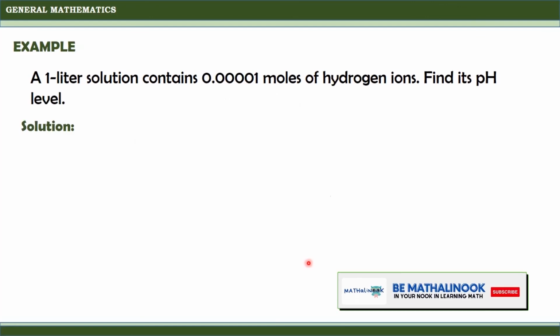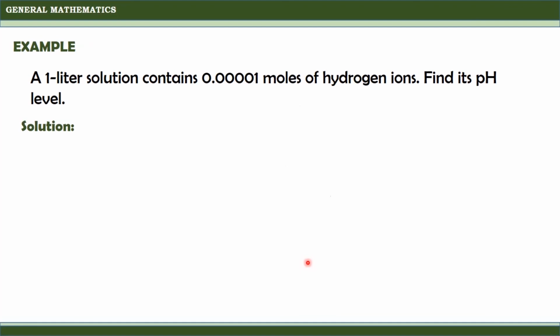Considering this example, a 1 liter solution contains 0.00001 moles of hydrogen ions. Find its pH level. From the problem, it was given that H is equal to 0.00001, which is equal to 10 raised to negative 5.